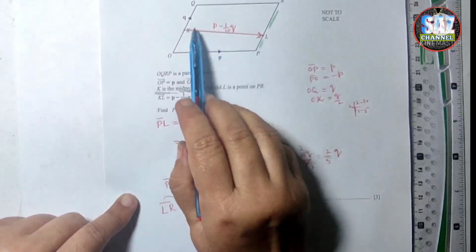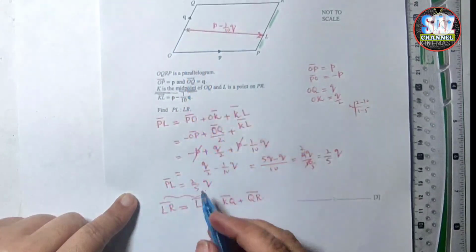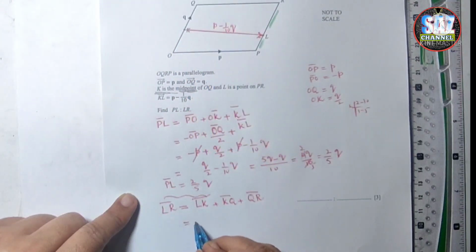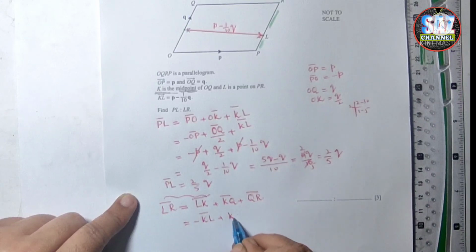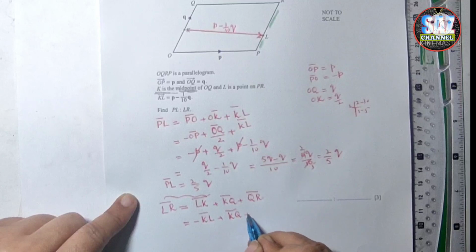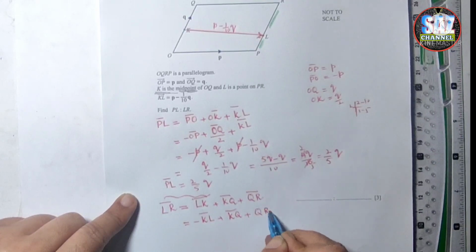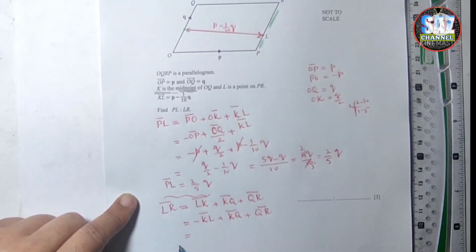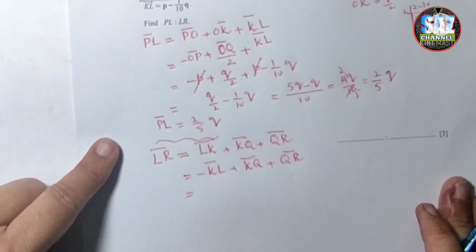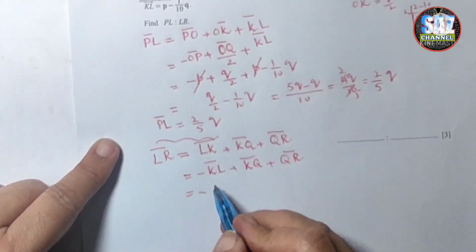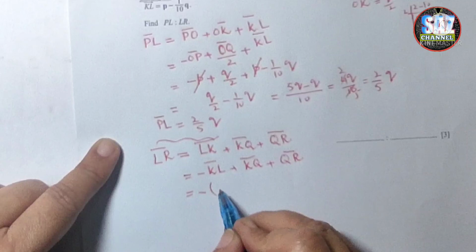Now L to K is in the opposite direction to what the question gives us, so we write it as minus KL, plus KQ, which remains the same, and QR also remains the same. What is the value of KL?